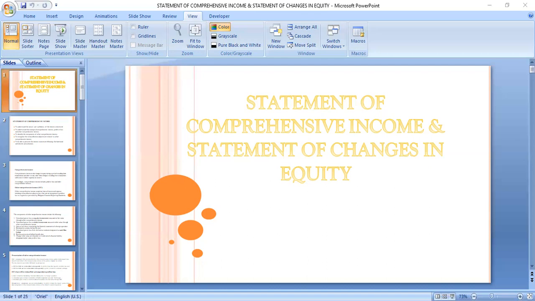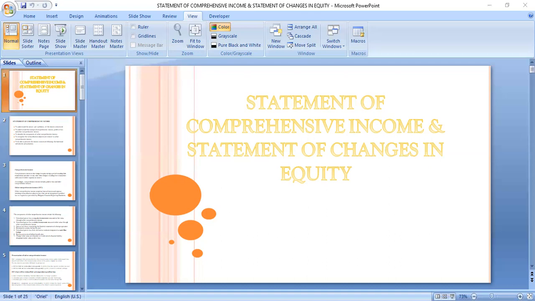Now, the following items are directly affecting retained earnings. Net income or loss for the period. Net income is added because it increases retained earnings and net loss is deducted. Prior period errors shown as adjustment of the beginning balance of retained earnings to arrive at the corrected beginning balance.